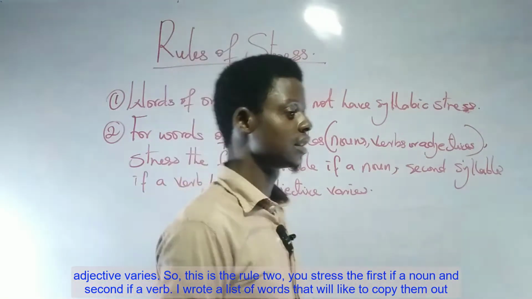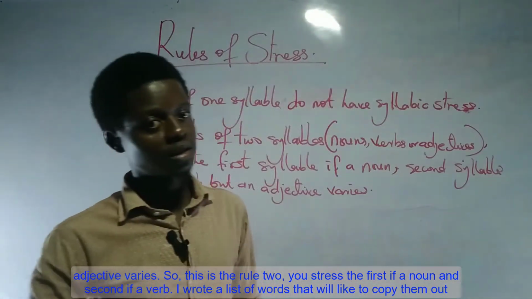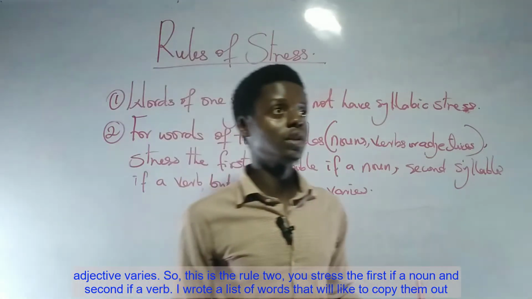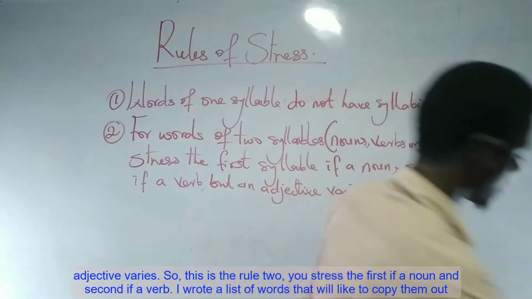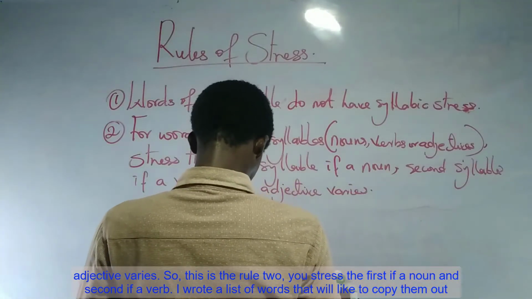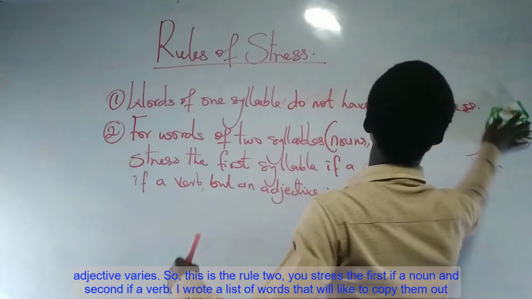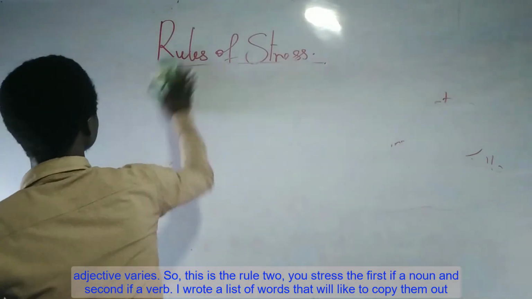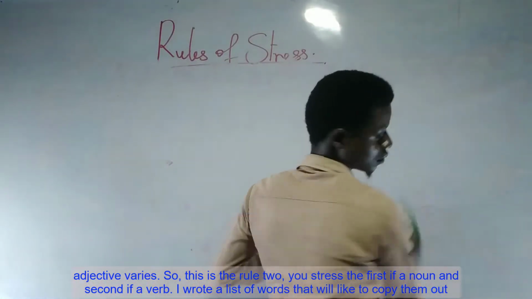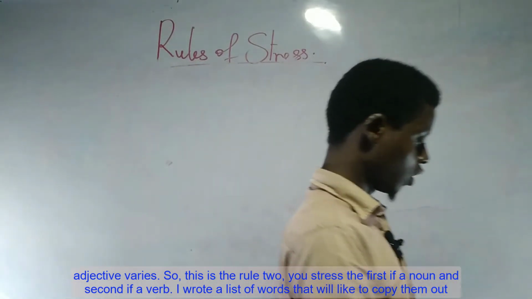You stress the word in the first syllable if the word is a noun, or you stress it in the second syllable if the word is a verb. And let me explain that. So I wrote a list of words down. I would like to copy them now.